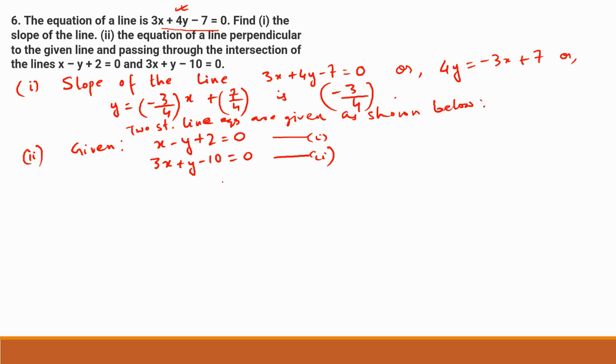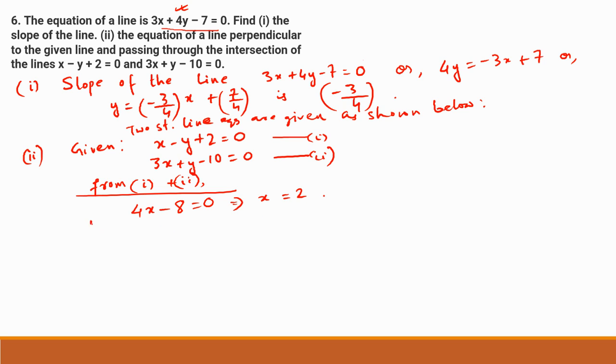These are two straight line equations. Now you can do simply, so this is 1, this is 2. From 1 plus 2, y and y get cancelled. So you get 4x minus 8 equals 0, which implies x equals 2.